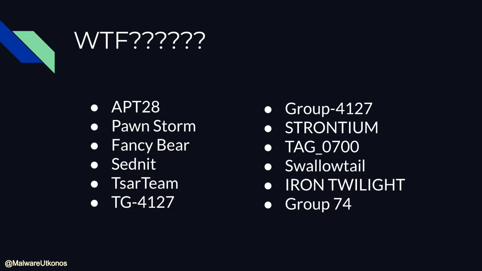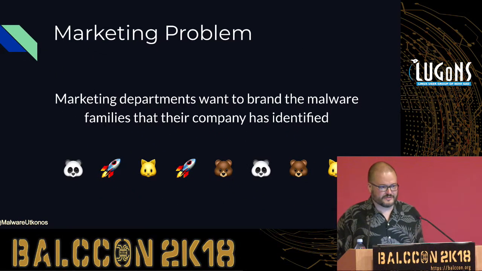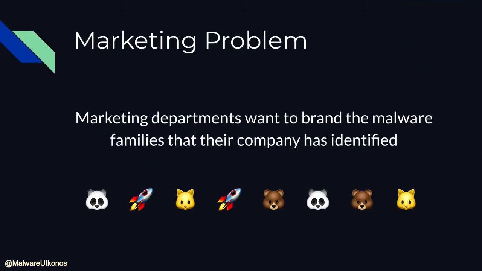And just to go back, you've got the problem of the pandas and the rocket kittens, and I'm not calling out one company specifically, but it's a problem with all marketing departments. You come up with something new, and the same problem exists in exploits and vulnerabilities.